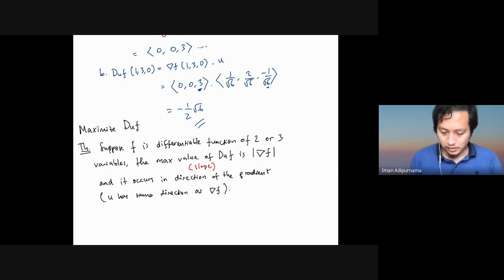Okay, so the maximum value is this, and as a conclusion, the minimum value should be the negative of this absolute value.